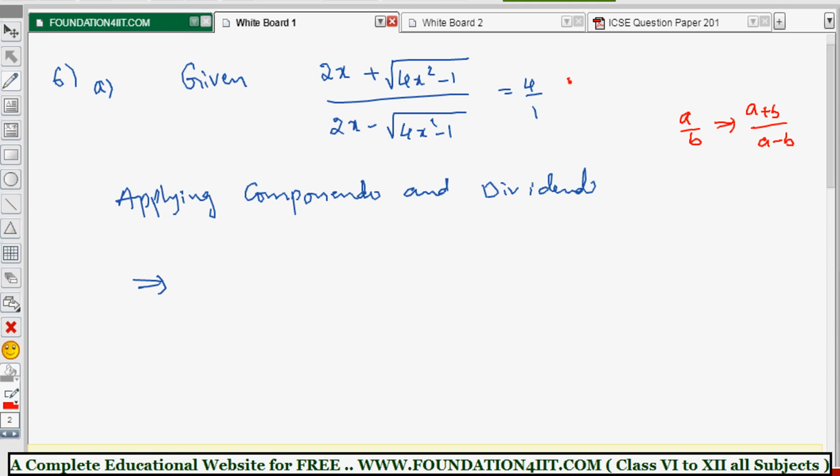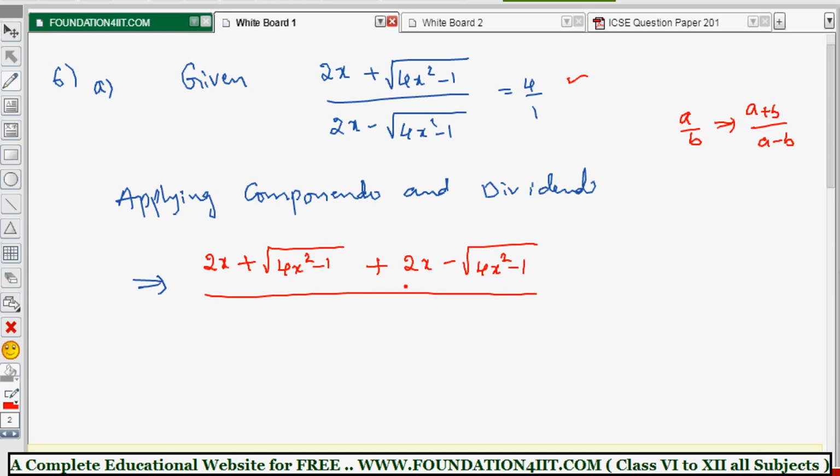So similarly for this, 2x plus square root of 4x square minus 1 plus the denominator, 2x minus square root of 4x square minus 1, divided by the same numerator minus denominator, that is 2x plus square root of 4x square minus 1 minus 2x plus square root of 4x square minus 1.